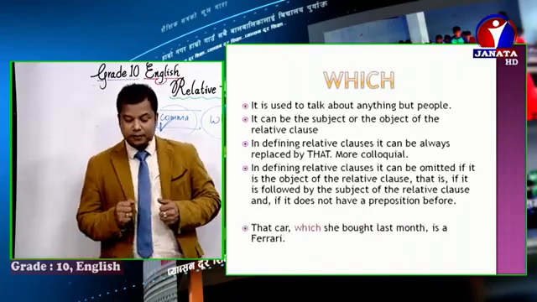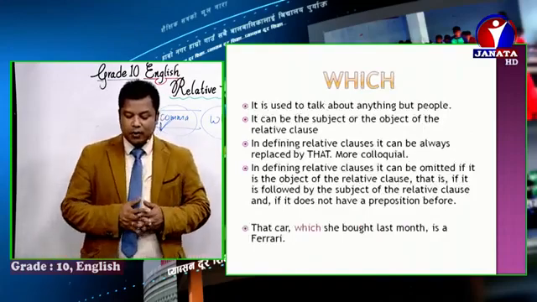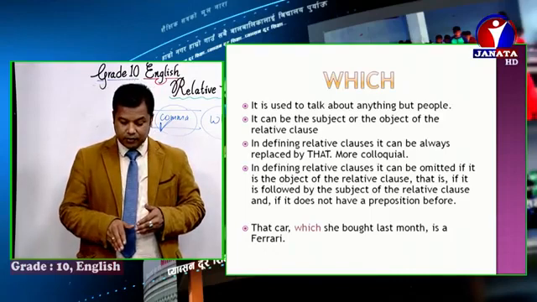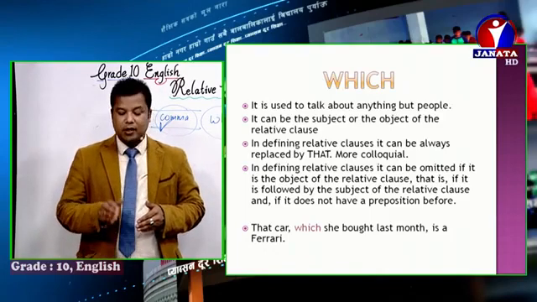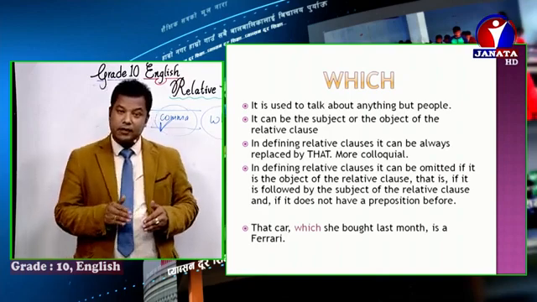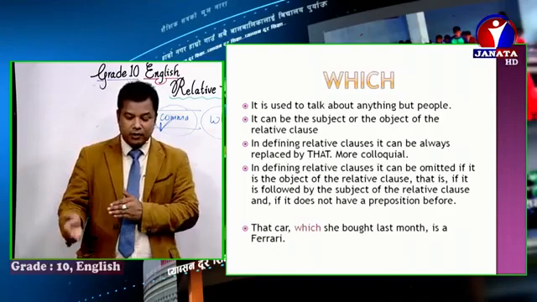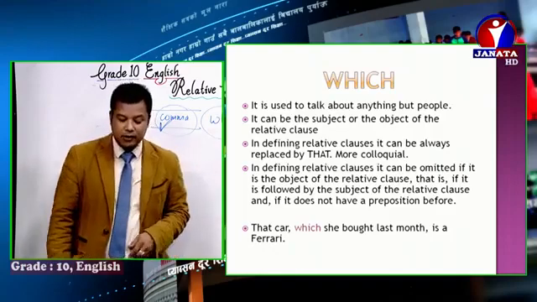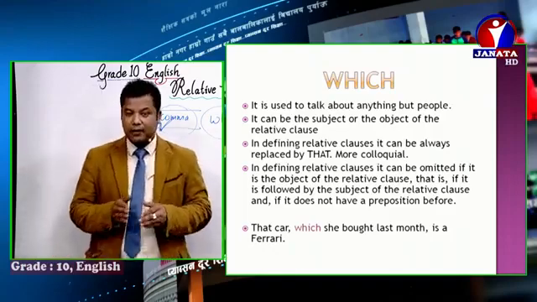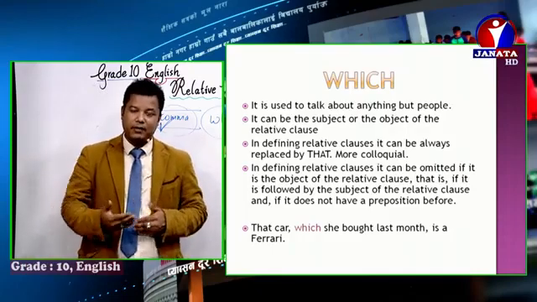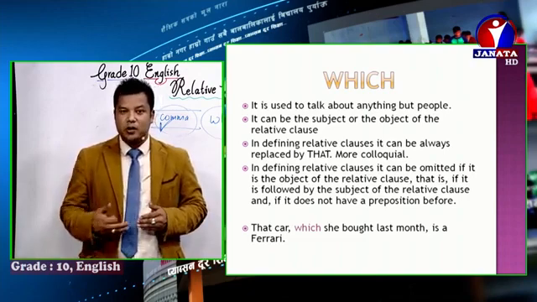Now, which. It is used to talk about anything but people. It can be the subject or the object of the relative clause. It has more functions than the others. In defining relative clauses, it can always be replaced by that, which is more colloquial, more comfortable and quite practiced by the majority of speakers.